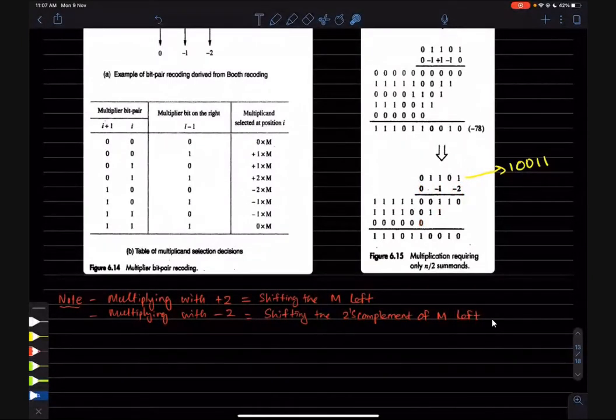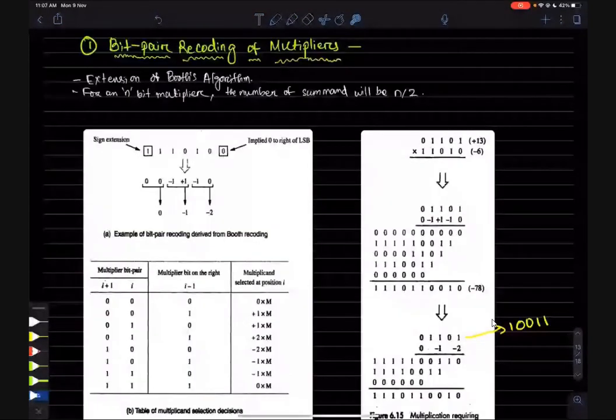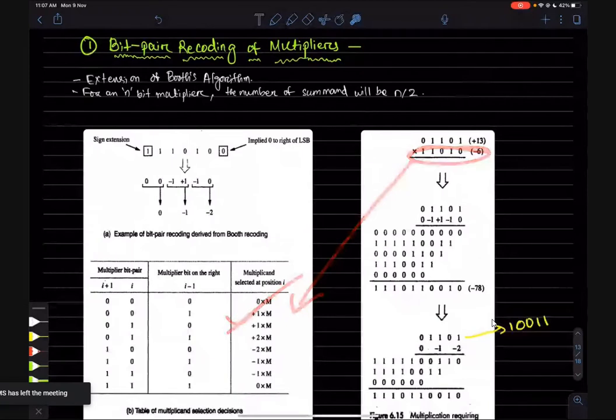So this is the simple technique. Any doubt in this bit pair recoding of the multiplier? Just take the multiplier, recode it using this table, and you will get this, then multiply it. So this is minus m.